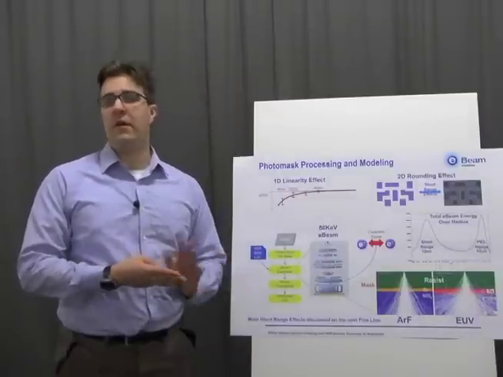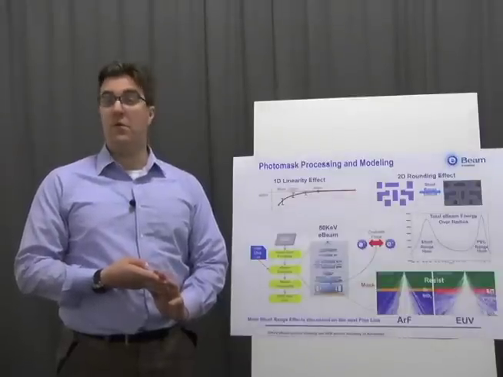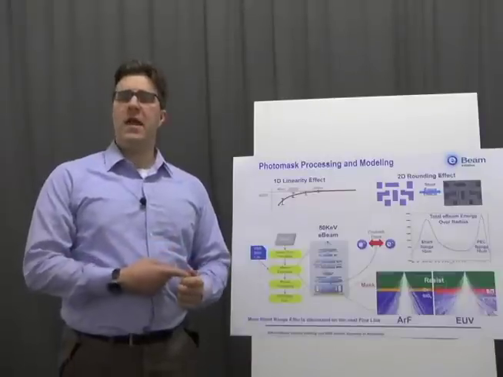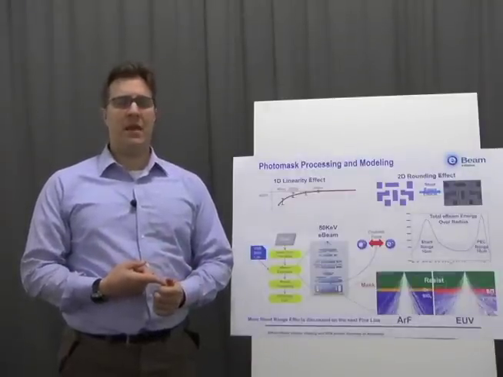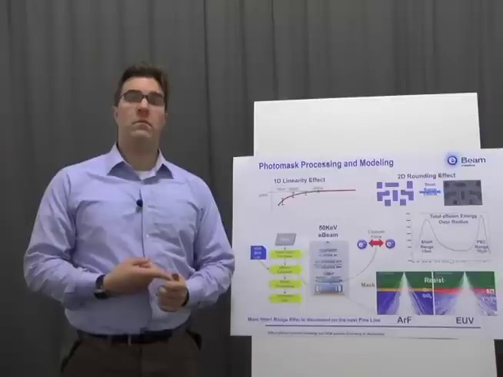Now, I'll explain all these effects later, but suffice it to say that all of these effects have been known and dealt with. But why are we revisiting it today? The reason we're revisiting it today is because the error budget on wafer is so much smaller than it was before.